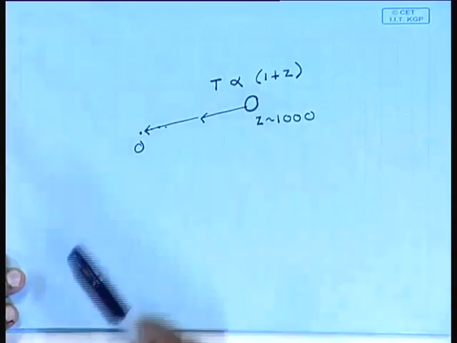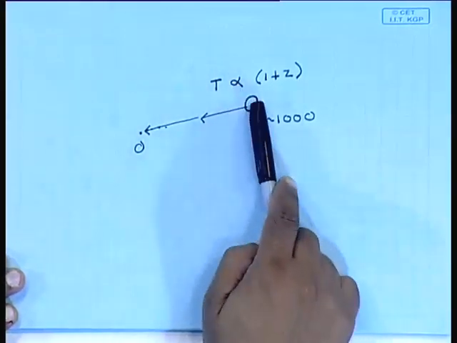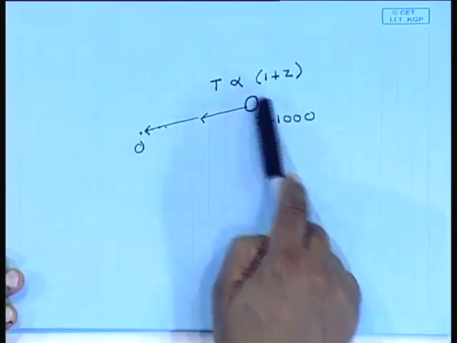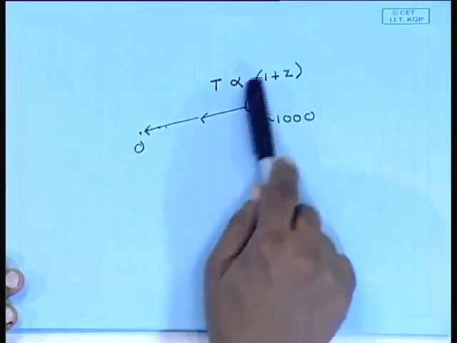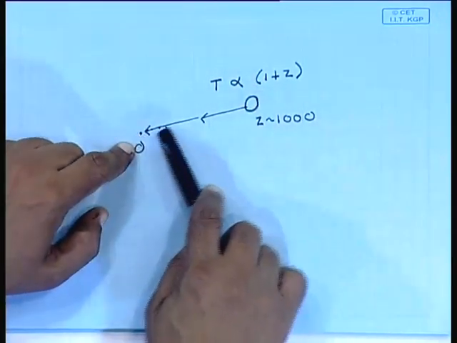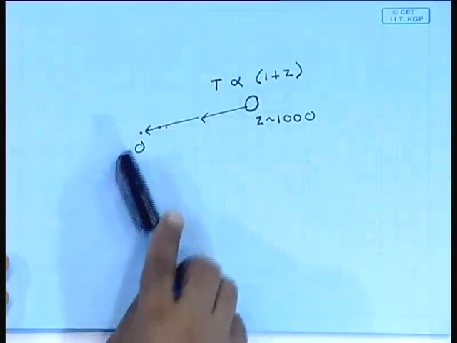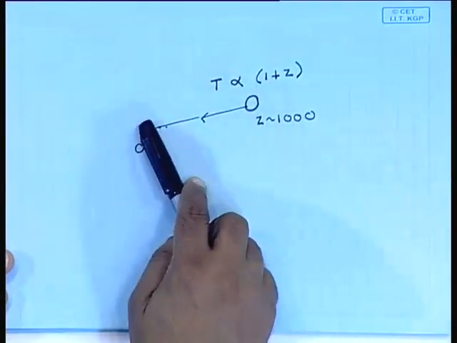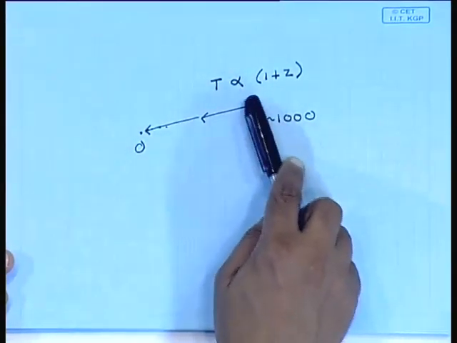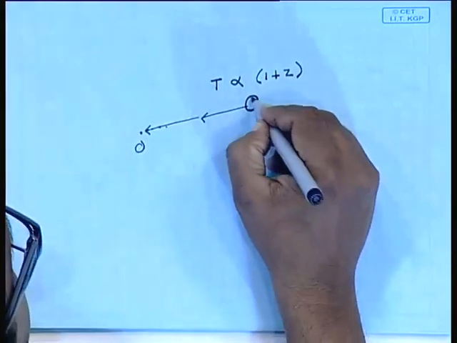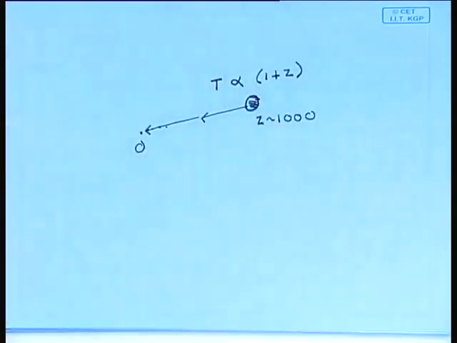If the matter is cooler, then it will lose energy to the matter. We are just following the evolution backwards in time. In this picture it is free all the way up to here, here it interacts with matter. The matter is dense and the radiation is hot, so it interacts. The question is, what is the effect of this interaction on the radiation?